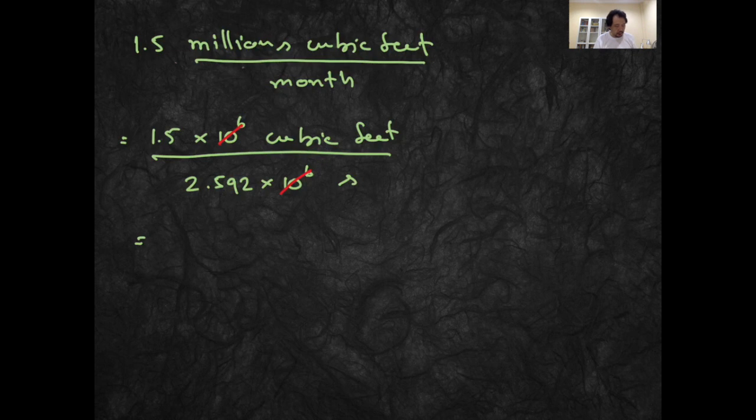This is 1.5 over 2.592, which is equal to 0.579 cubic feet per second. Okay, so we have the first coefficient.